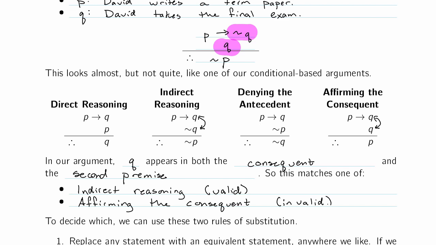Okay, so as you practice these, it will become obvious which one this matches, but there are 2 moves that we can make that will let us transform our argument into the form that it's ultimately going to match. And these 2 moves are both legal because of the effect that they have if we were to make a truth table.